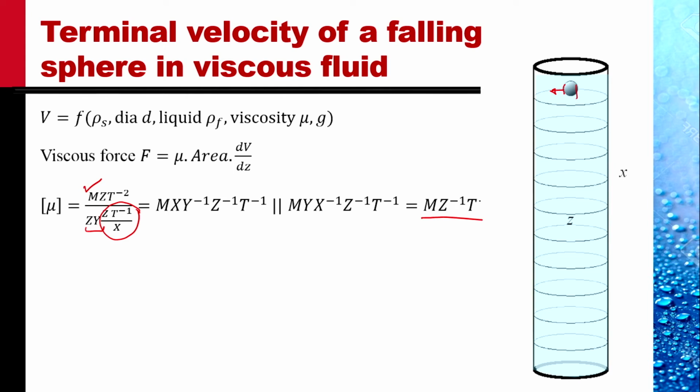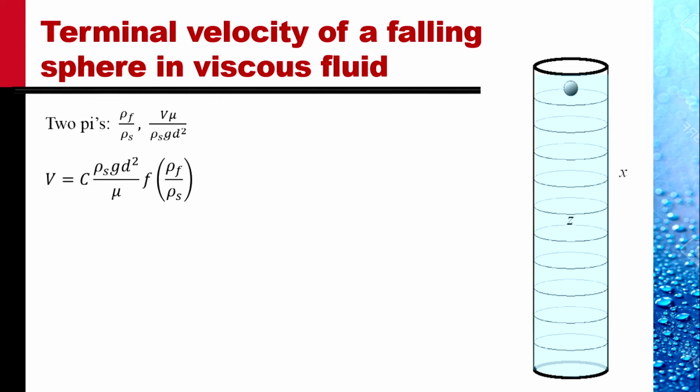These are the two formulations, and from this we get this result. Out of these we can form two pi numbers.